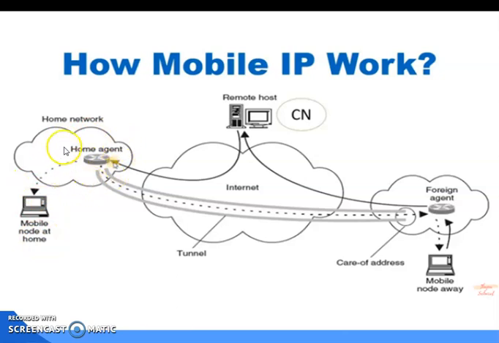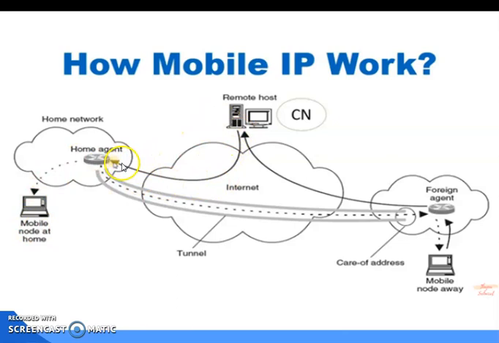When the correspondent node sends a request to the mobile phone, the home network first searches whether the mobile is present in its home network or not. If it is present, fine, the data will be transferred directly to the mobile node.